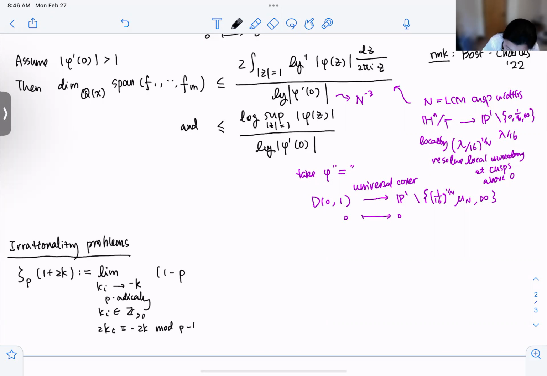So we use the classical zeta value, but we remove the p-part.